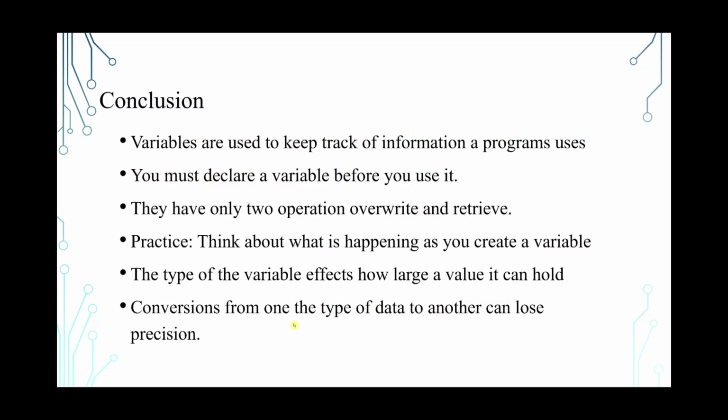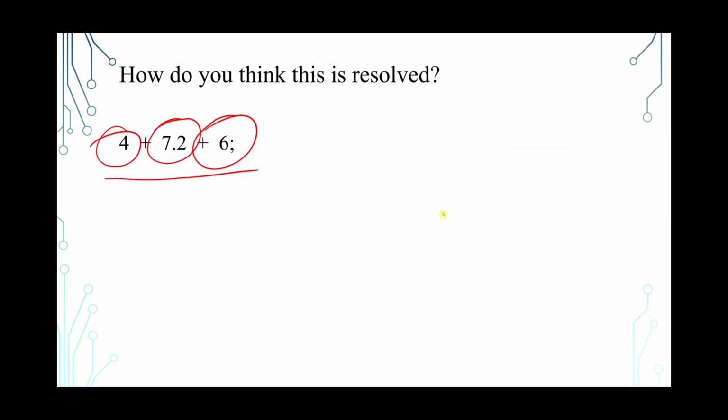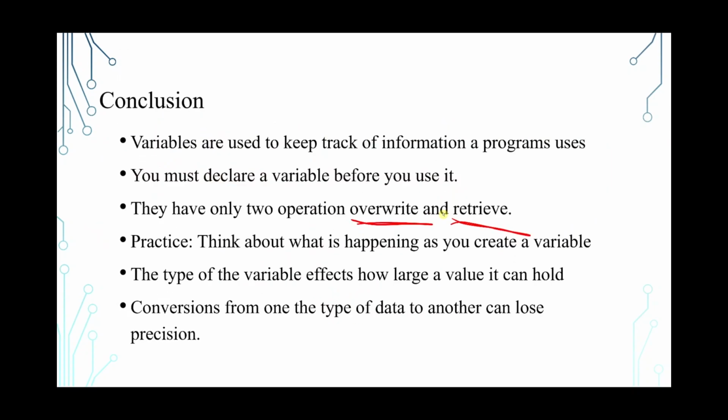And that's it. So, conclusion: variables are used to keep track of information a program uses. You must declare a variable before you use it. They have only two operations, overwrite and retrieve. Practice. Think about what is happening as you create a variable, like the schema we have been doing in these slides, and the mental robot we were using.